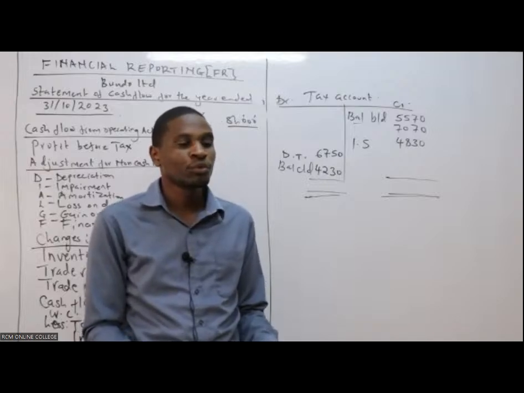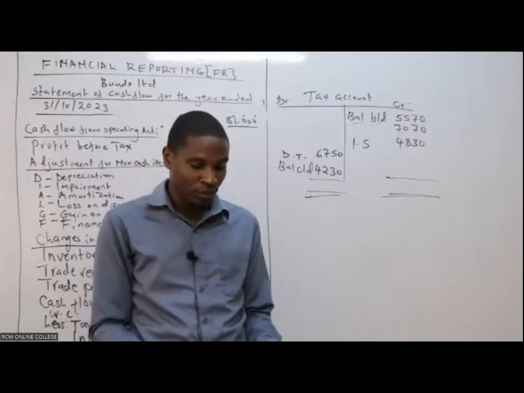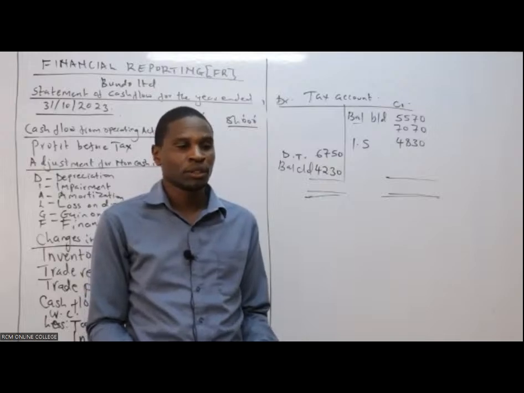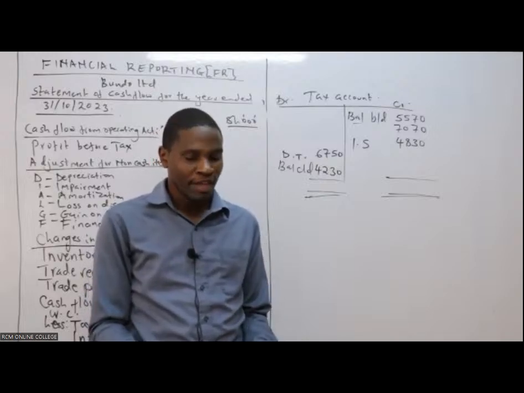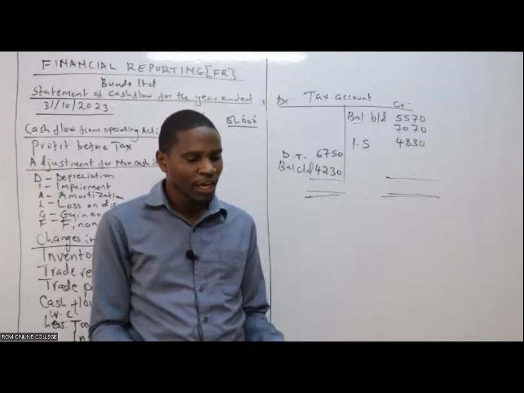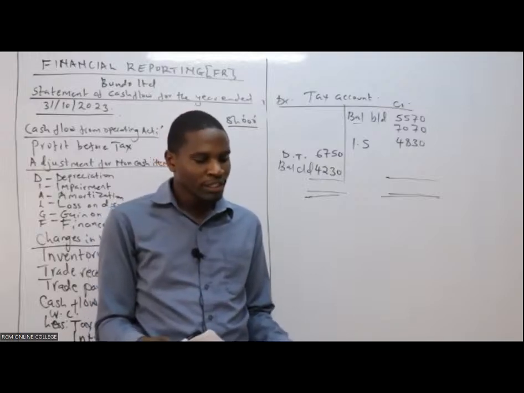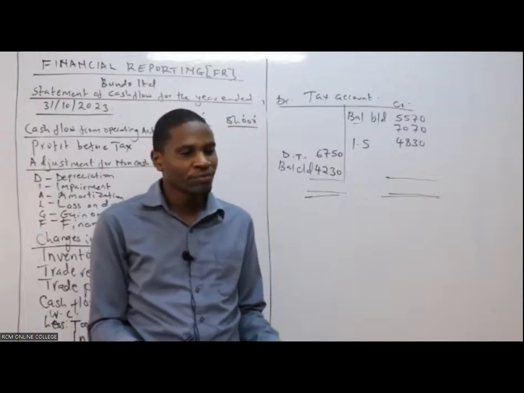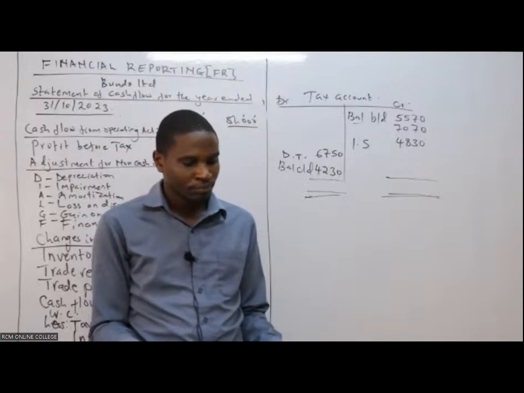Now, here we have to think about what the examiner is trying to tell us. So there was a revaluation gain, and this revaluation gain was 1,200. So what is 30% of 1,200?